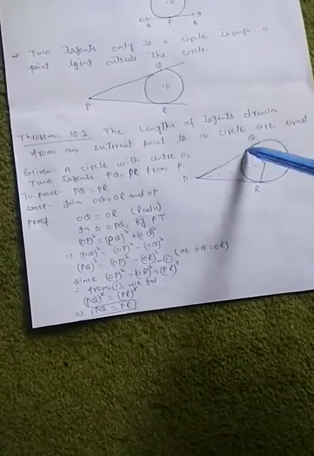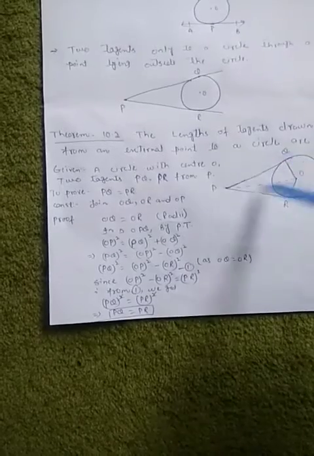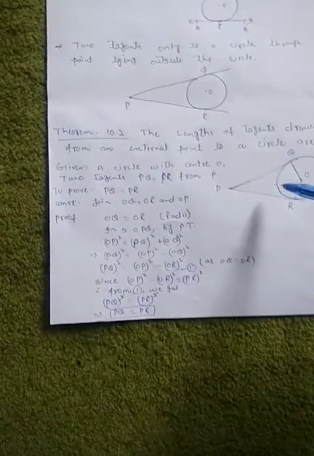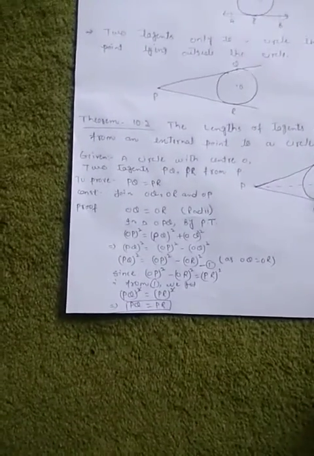We have to prove that in this theorem. Since OPQ is a right angle triangle, here we are using Pythagoras theorem. And one more thing, we also know that OQ is equal to OR, radii of the same circle.